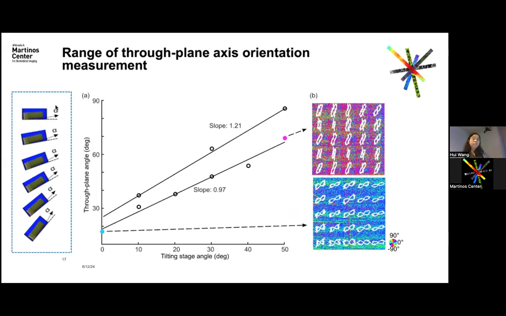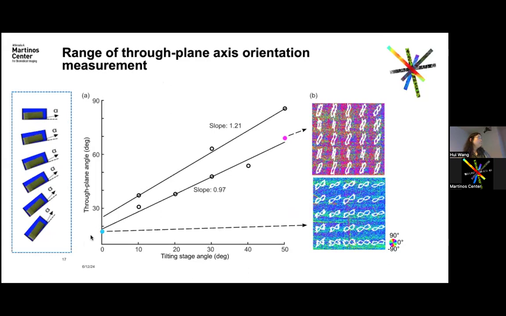So we do the same trick of the corpus callosum again, but tilt it at different through-plane angles artificially, with a step increase of 10 degrees in one experiment and 20 degrees in another.